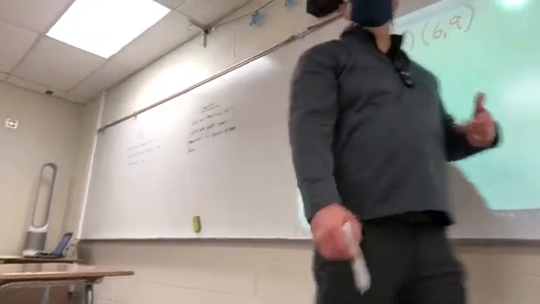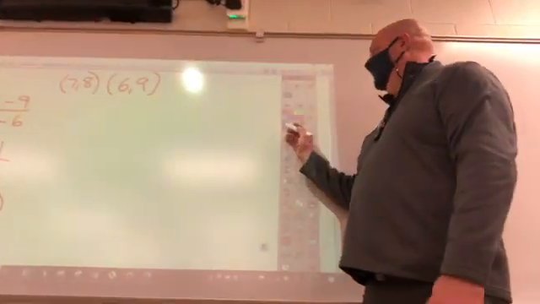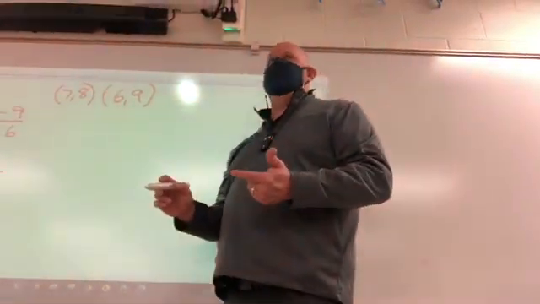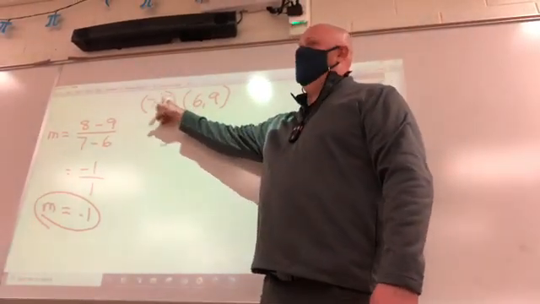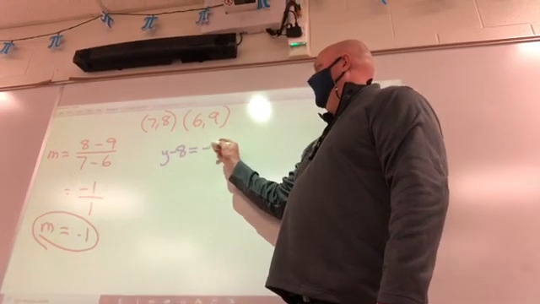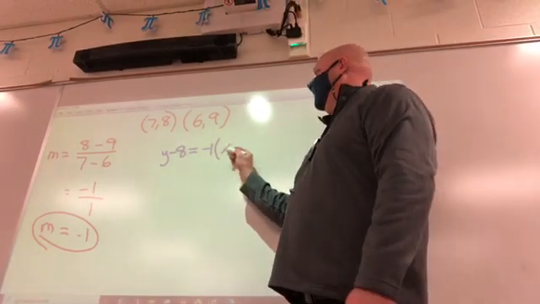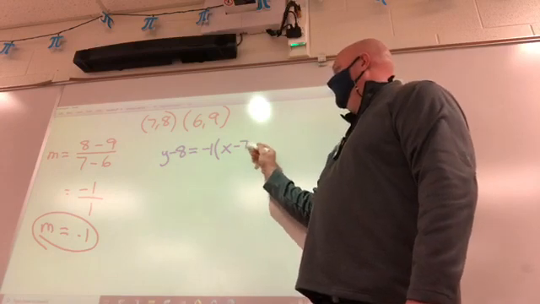Now, how many different equations can I write of this answer? 2. One answer would be y minus 8 equals negative 1 times x minus 7.